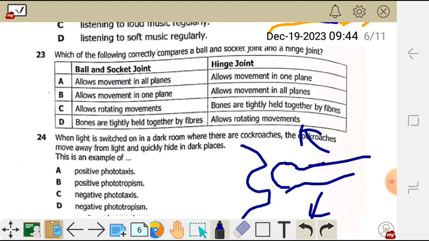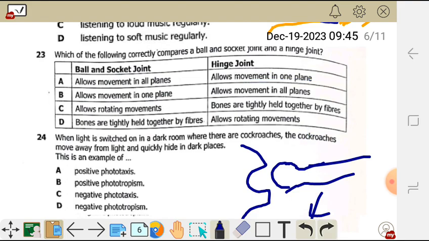That is a ball and socket. An example is the hip joint. Which of the following correctly compares them? We have said a ball and socket joint allows movement in all directions or in all planes. Then a hinge joint only allows movement in one plane. So the correct answer here is A.